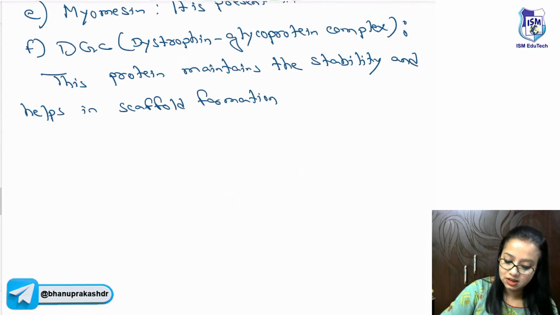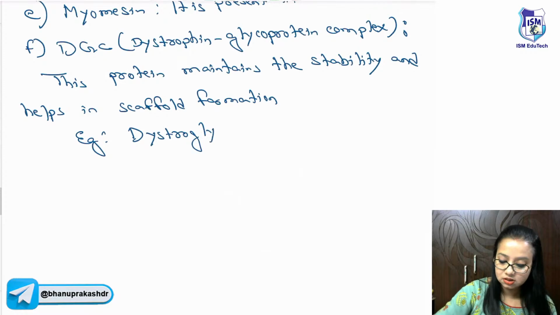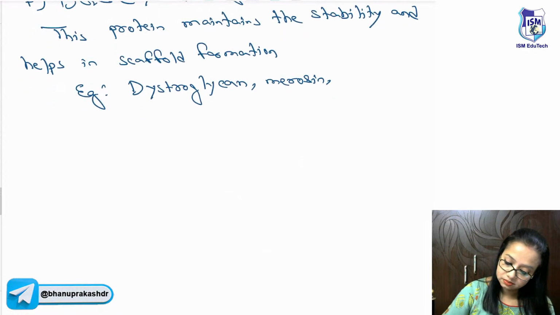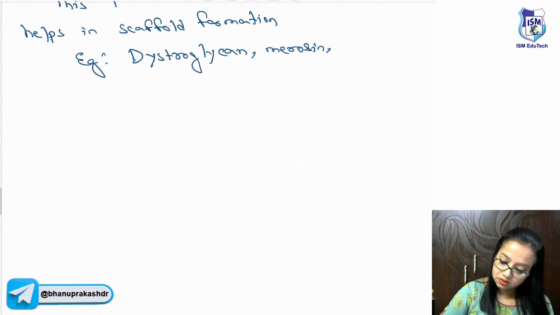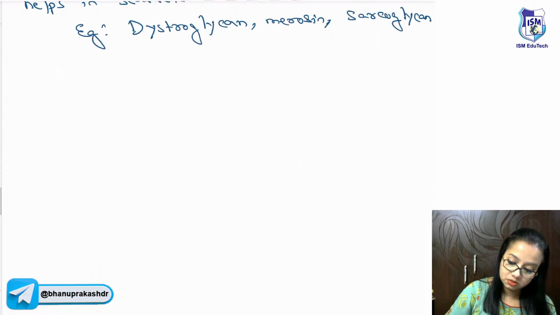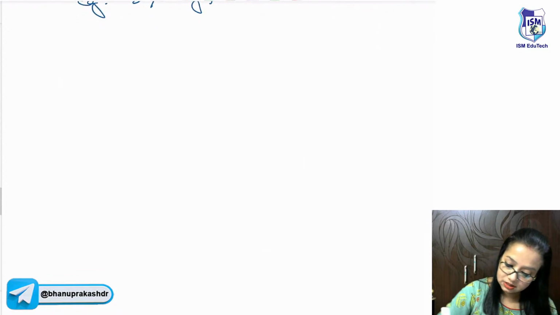Okay. Now, examples of these proteins are dystroglycan, merosin. Okay. And sarcoglycan. These are the important proteins that are helping in the anchoring process.